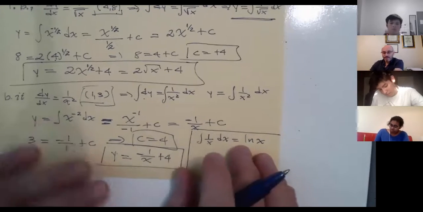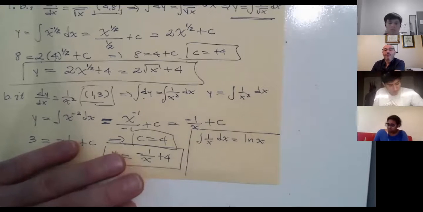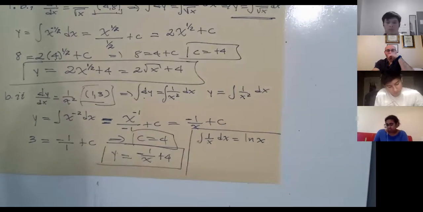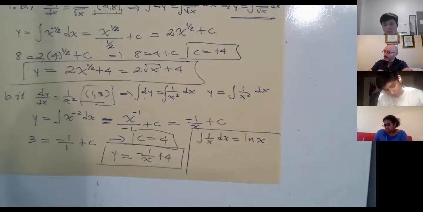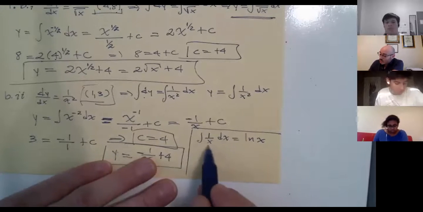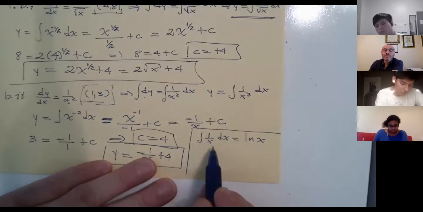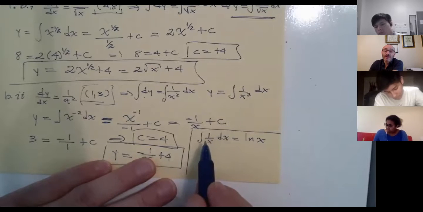Now look, what is the domain of ln of x? x greater than 0. Positive numbers, right? So look, since here we don't know what these x values are taking, we don't know if they're positive or negative, okay?